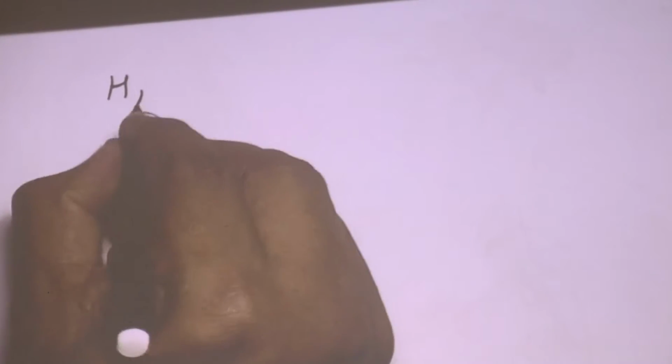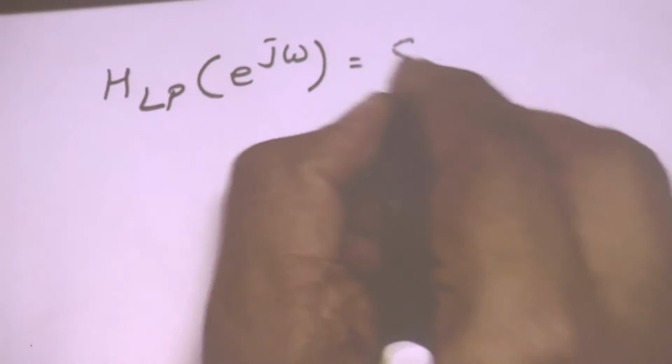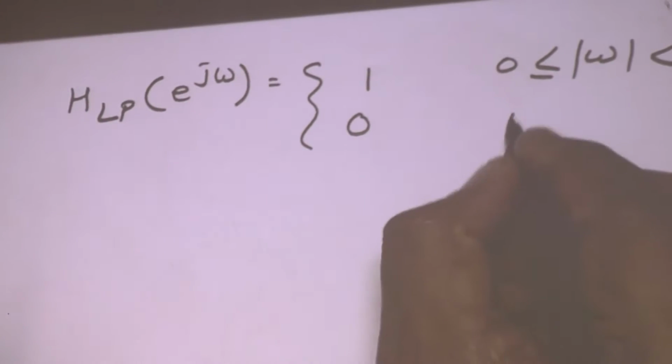I will rewrite it here. H LP e to the power j omega is equal to constant 1 for 0 less than or equal to mod omega less than omega c, and 0 for omega c less than mod omega less than or equal to pi. Plot this.